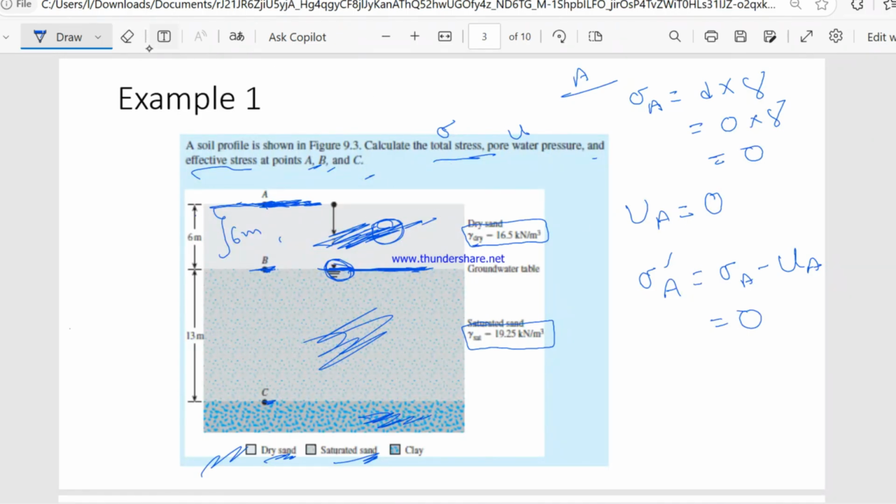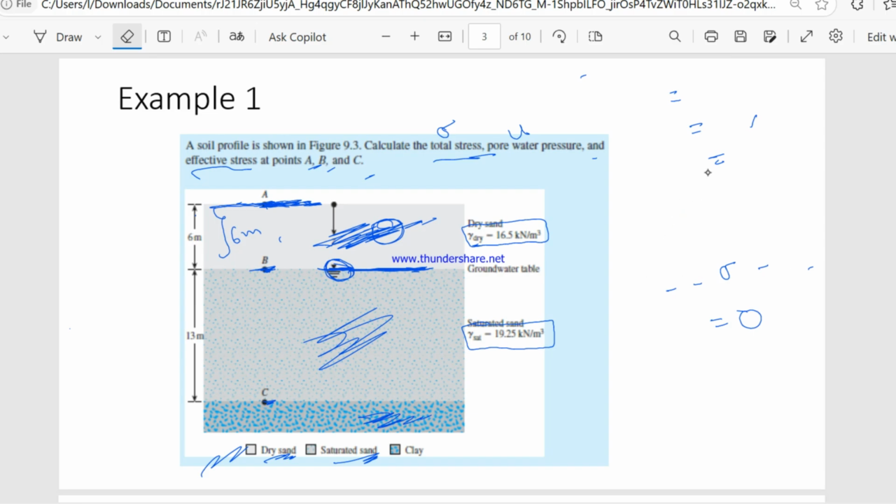Let's find the total stress, pore water pressure, and effective stress for point B. For point B, the total stress is distance into unit weight.